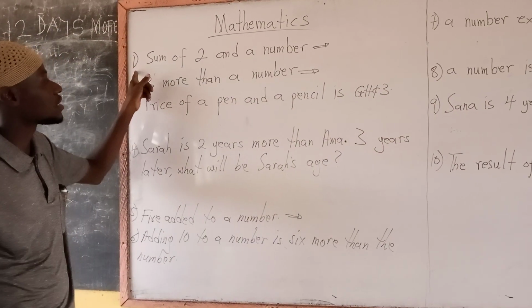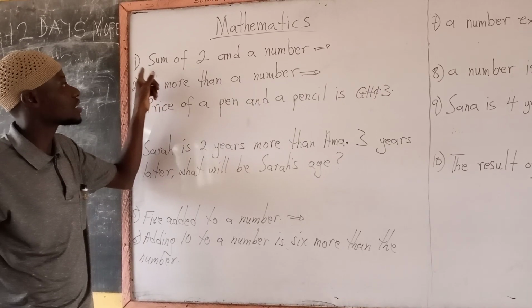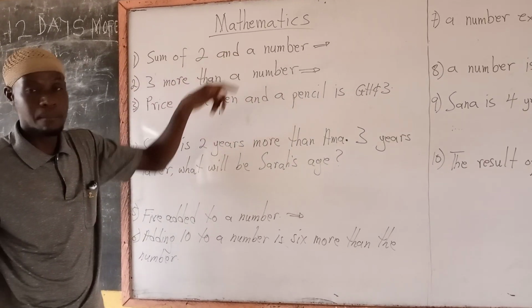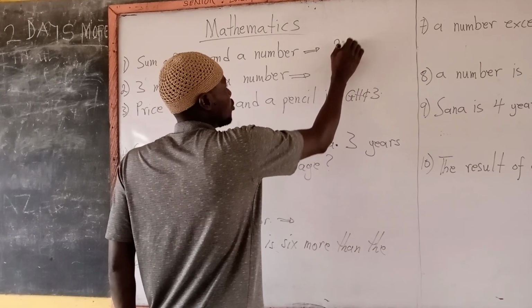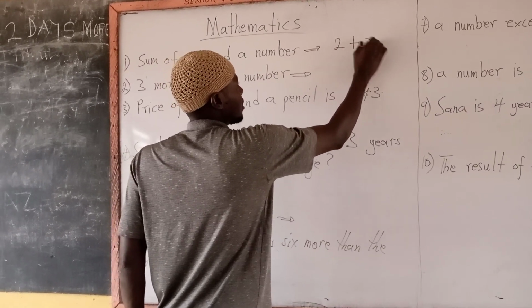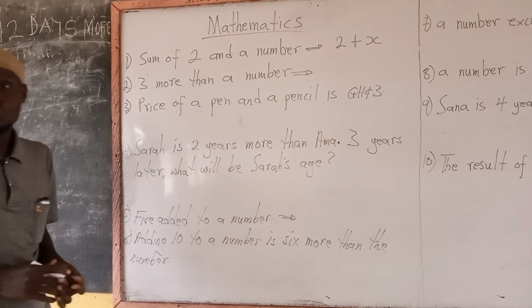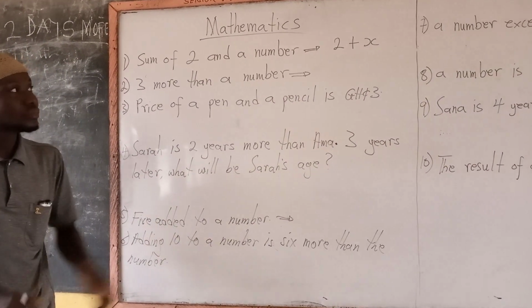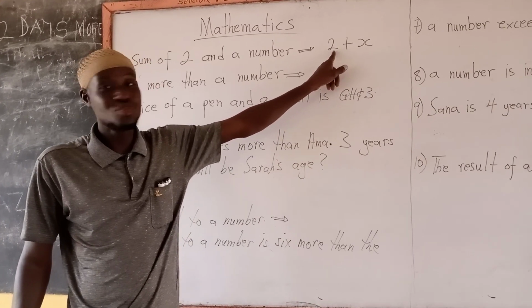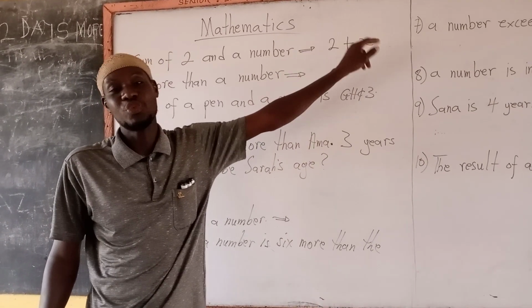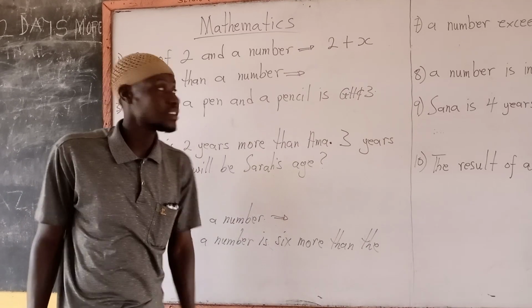Sum of two and a number means 2 plus a number. That's if you sum 2 to a certain number, which we don't know, so we represent that number with x.